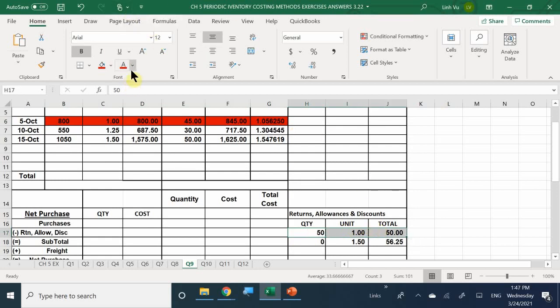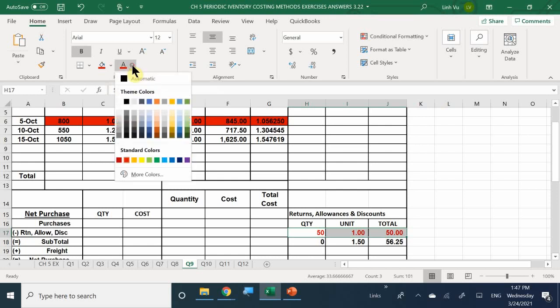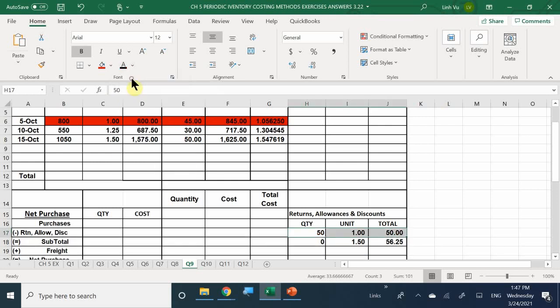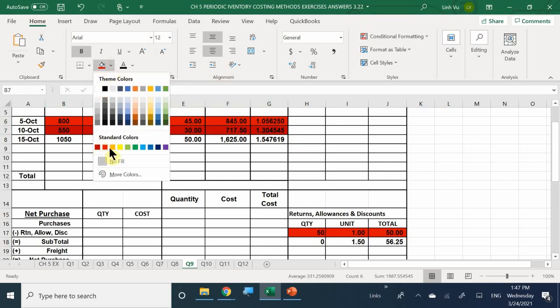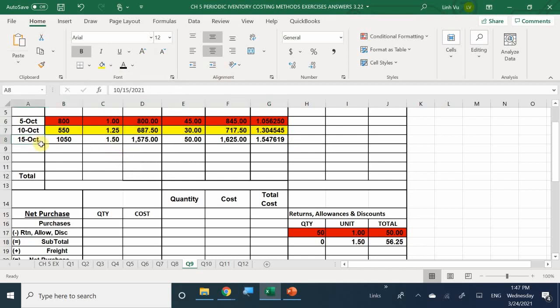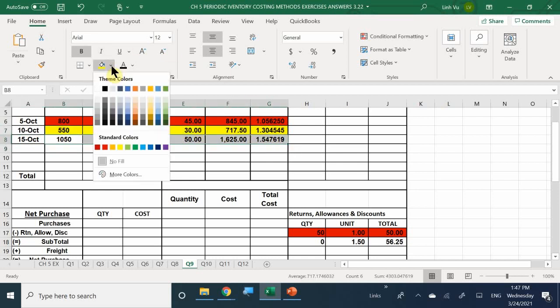All right. So again, I'll go ahead and go through with what you said. I'll color each batch a different color. So there's that one. This one, I guess I'll make it yellow. And then I'll make this one green. Now, just remember this, okay? In this case, you don't need to use colors.